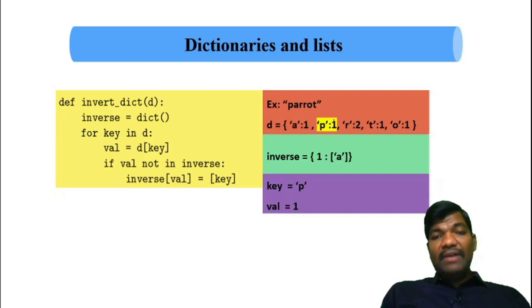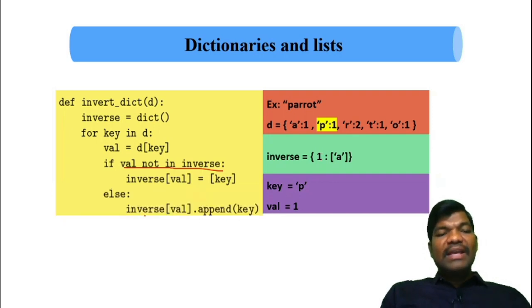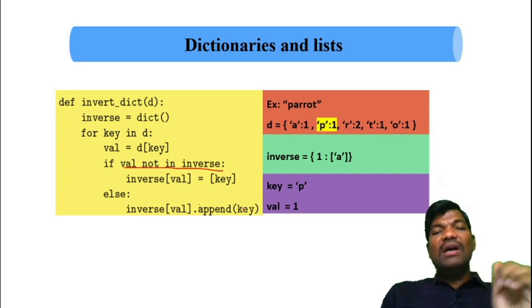Now, second one. What is the key? P. What is the value? 1. If value not in inverse, of course the value is already present here. Else, inverse of value, the same value 1, dot append of key. What is append here? You are adding another value into the list.